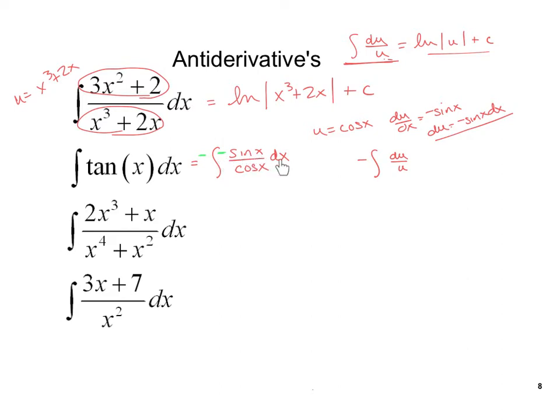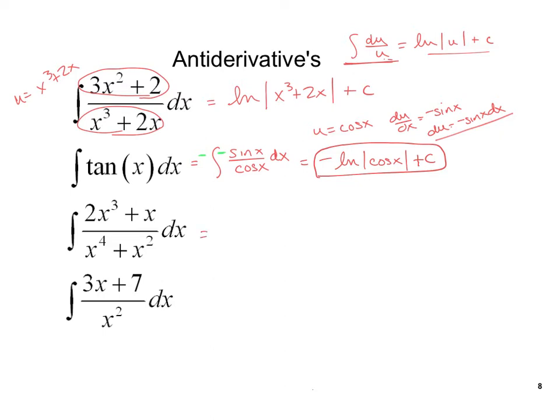So since that's what I have, I can simply say this is equal to the opposite of, and then that integral is going to be the ln of u, which is the ln of the cosine of x, and then plus c. So that's a little trickery there that you're going to have to learn how to do.